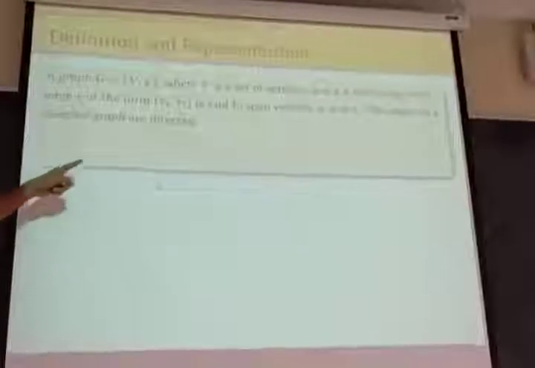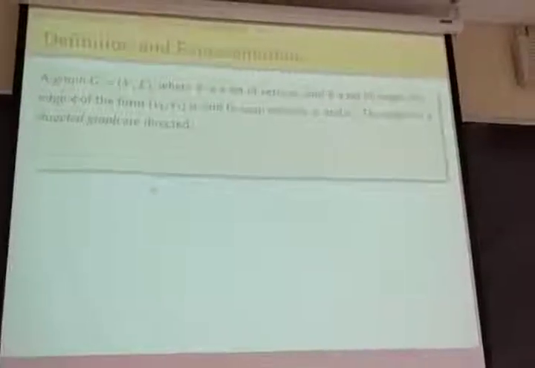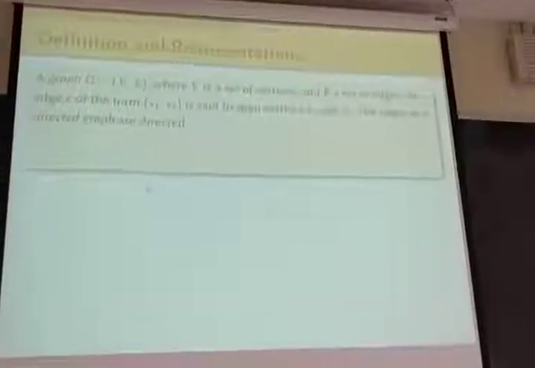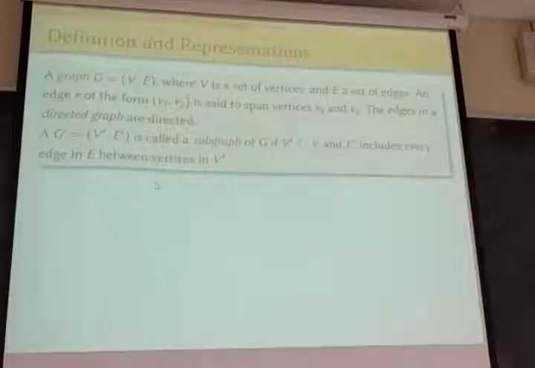And an edge is denoted as a pair of vertices. If you say U comma V, that means there is an edge starting from the vertex U to vertex V. So V1 comma V2 means there's an edge from V1 to V2. There is also the notion of a subgraph.